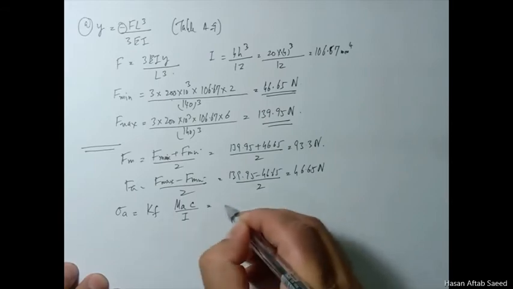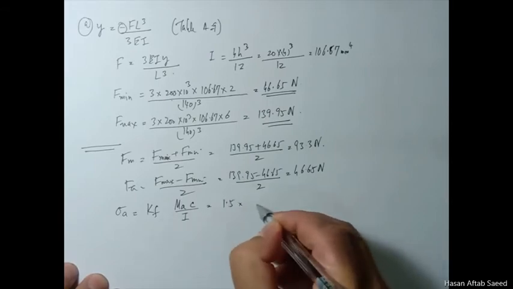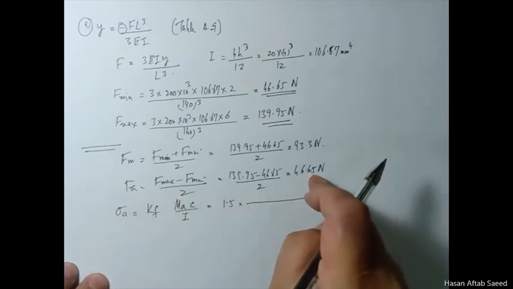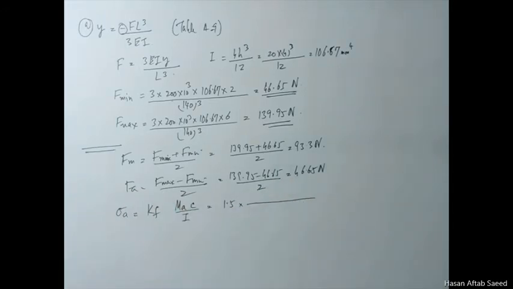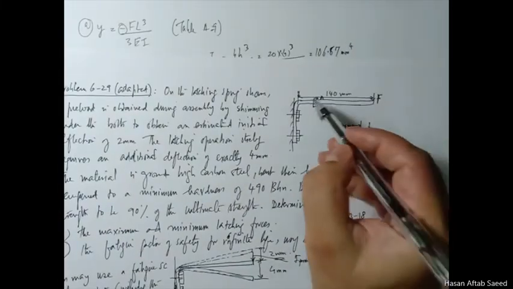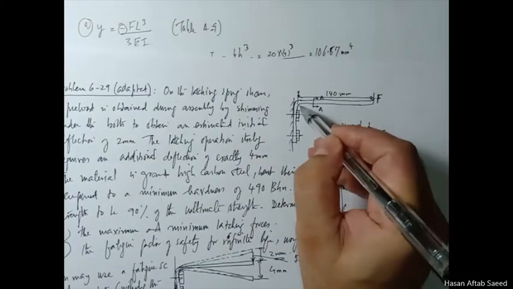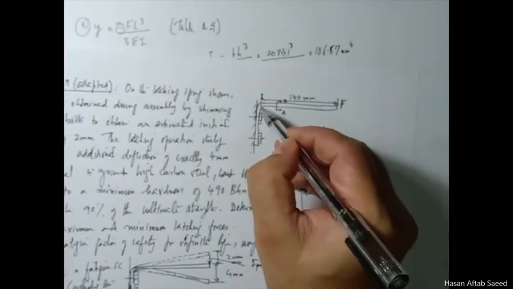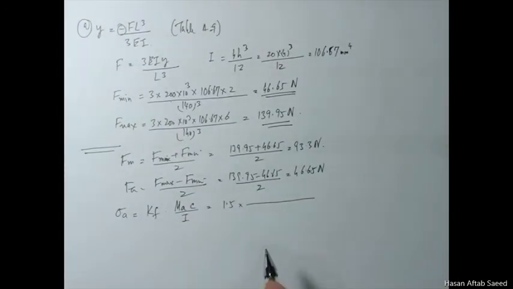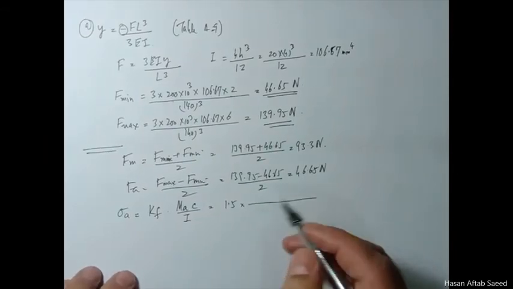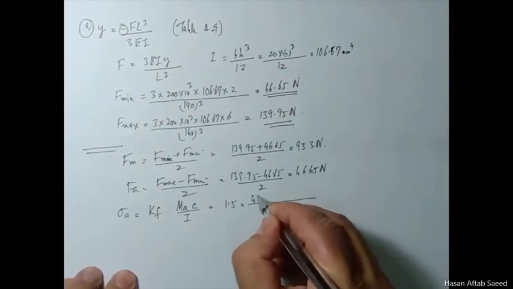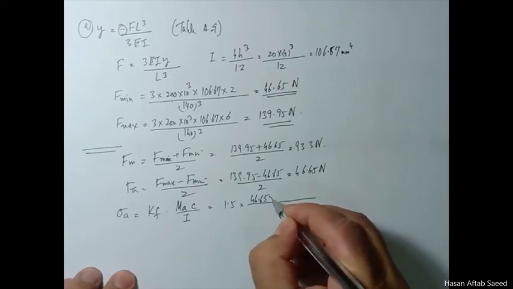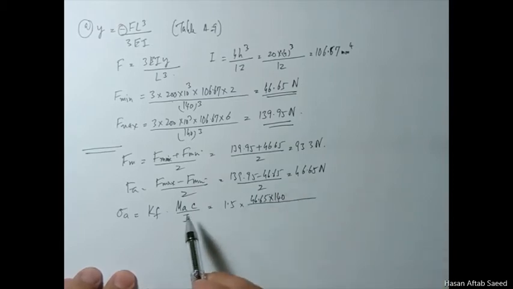So this is 1.5 into FA, 46.65. The maximum moment happens around here, this force multiplied by this distance, 140. So somewhere around here you have the maximum stresses. So for 46.65 into 140, this is your M.